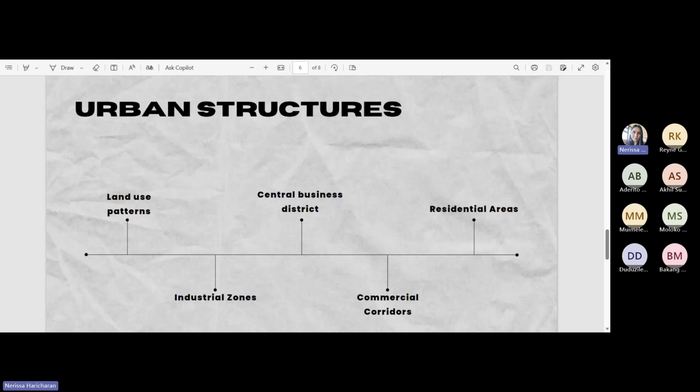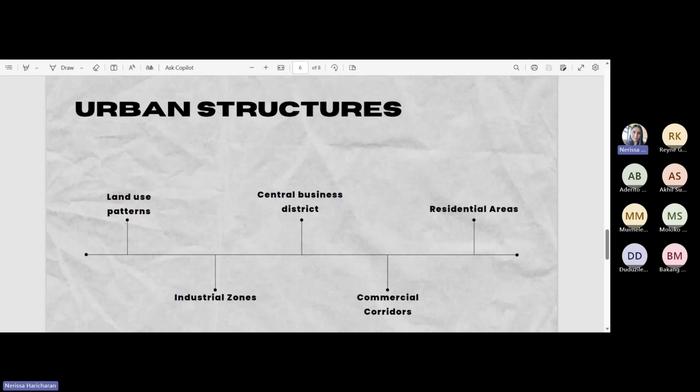You've got residential areas, which basically consist of the neighborhoods, the housing developments, different housing or apartment complexes, basically where people live. Industrial zones in urban areas are more designated around manufacturing, so it may be a factory, a warehouse, a DC, a logistics facility, basically supporting manufacturing or production and facilitating the movement of goods and materials.